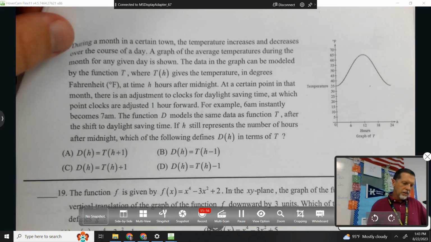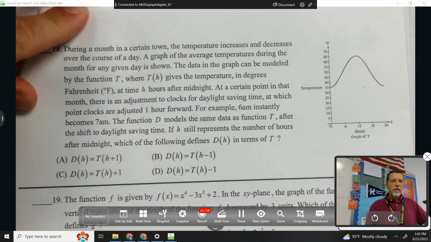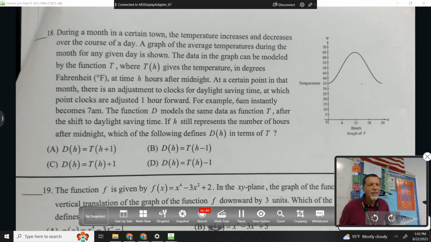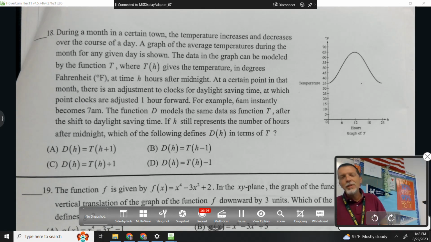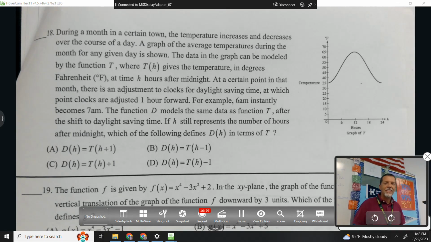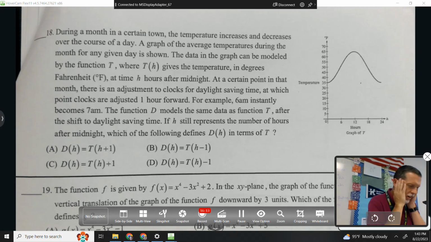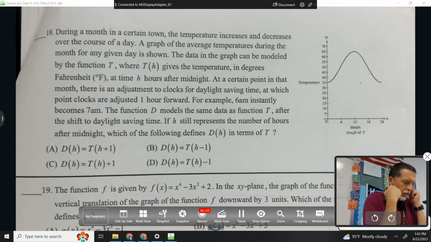18. Oh, another graph. Surely no one in here, there are those people who see that question and they're like, I'm going to circle T and move on, or D and move on. During a month in a certain town, the temperature increases and decreases over the course of a day.